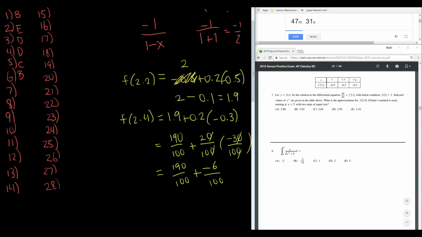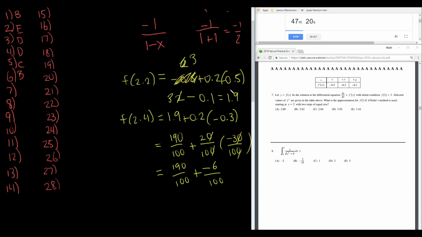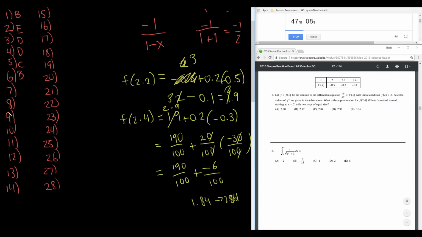That's the problem. It gave us the initial condition that f of 2 equals 3. I was looking at the x coordinate, so don't let that mess you up. So this starts at 3, which means this is 2.9, and then when we get back here, this 1.84 goes to 2.84, just adding 1 to our initial solution, so it's C, 2.84.